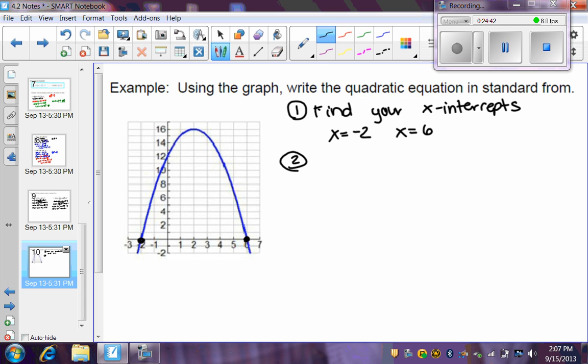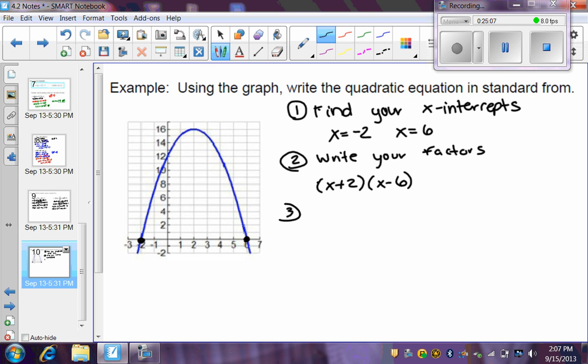The next step would be to write your factors out based on your x-intercepts. So if x equals negative 2, that tells me that one factor is x plus 2. And if x equals 6, that tells me the other factor is x minus 6.